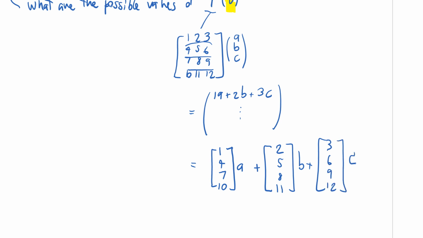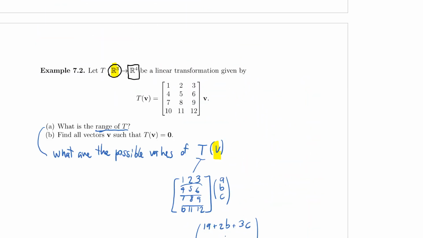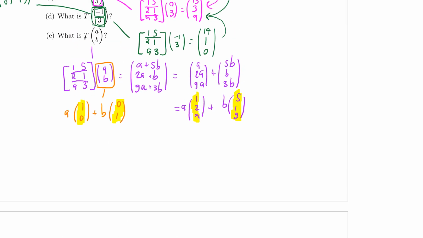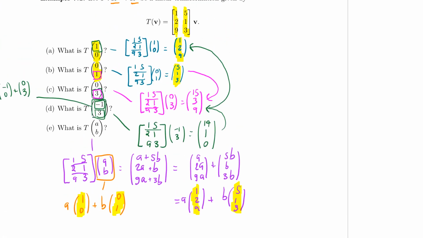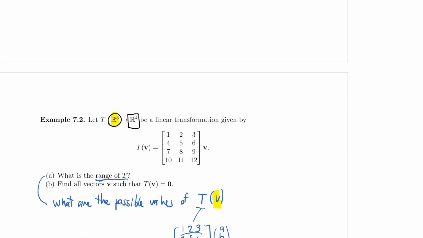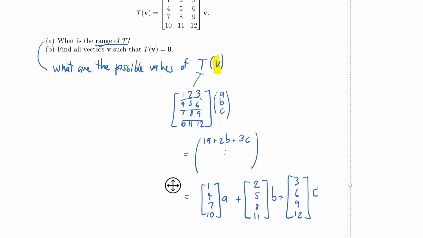This is the same kind of thing that we saw in the previous example. Notice that in the previous example, when I wanted to compute T of A and B, it turned out to be just A times the first column of my matrix plus B times the second column. The same thing is happening here: the image of ABC is just A times the first column plus B times the second column plus C times the third column.